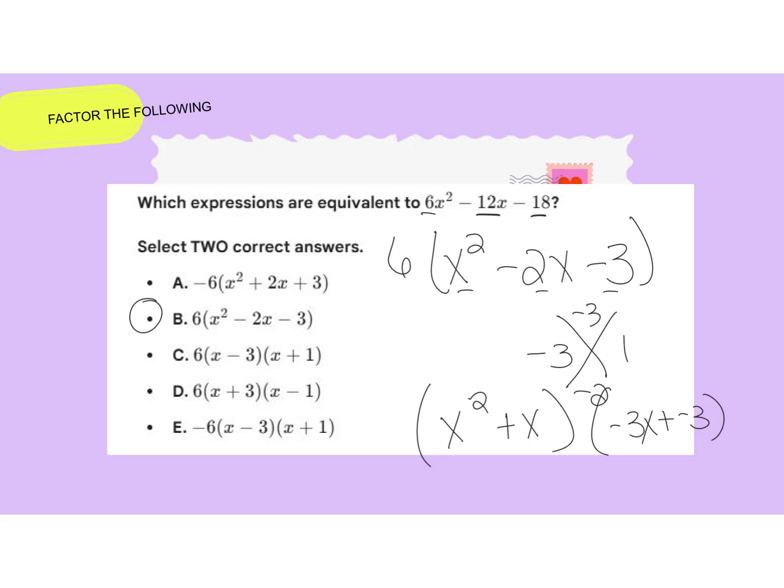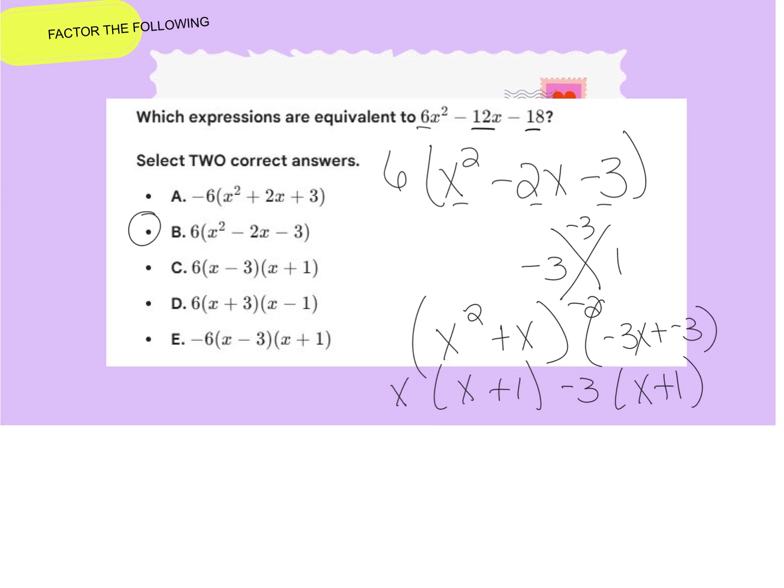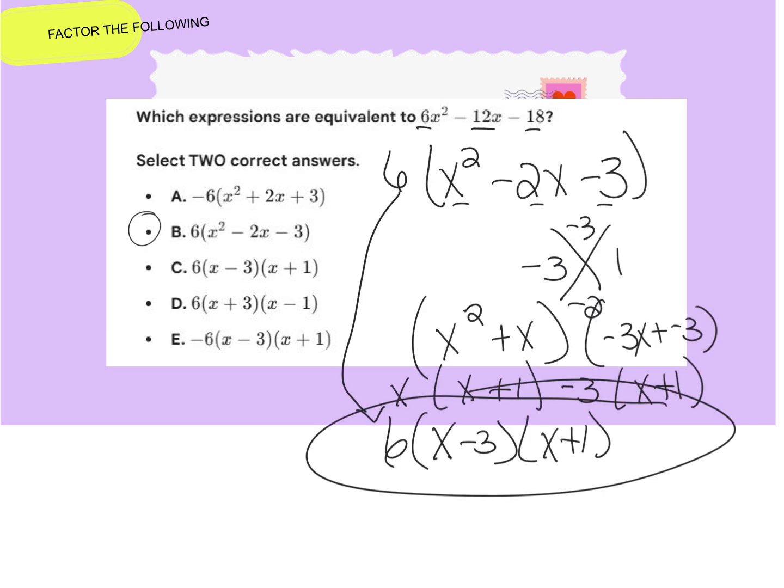And now I'm going to take out the greatest common factor. Well, I can only take an x, and so I'm left with x plus 1. I will take a -3. I'm left with x plus 1. So one of my factors is x minus 3. The other factor is x plus 1. And then remember, at the very beginning, I took out this 6. There is my other factor.